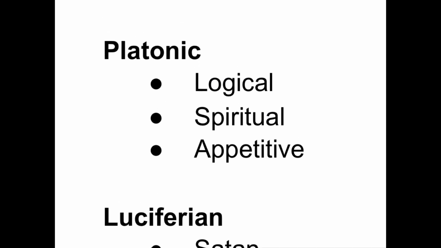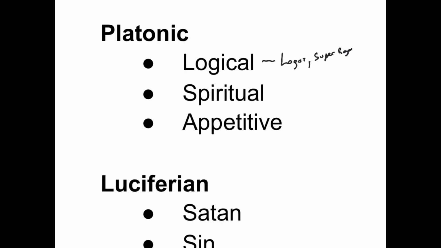Now, the Platonic look at this is very similar. Some would say that Freud ripped off Plato, but the Platonic Trinity involves the use of the logical, which we identified as logos, which you could also identify maybe as the superego, or if you wanted to, you could identify in the theological term as the Holy Spirit. You have the spiritual aspect, and then you have the appetitive aspect, which for Freud would be the id.